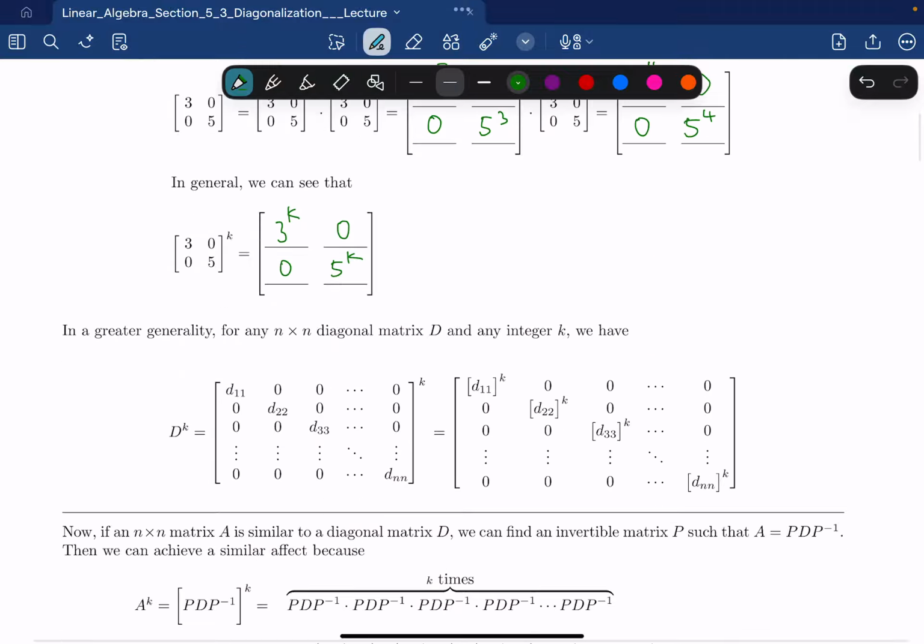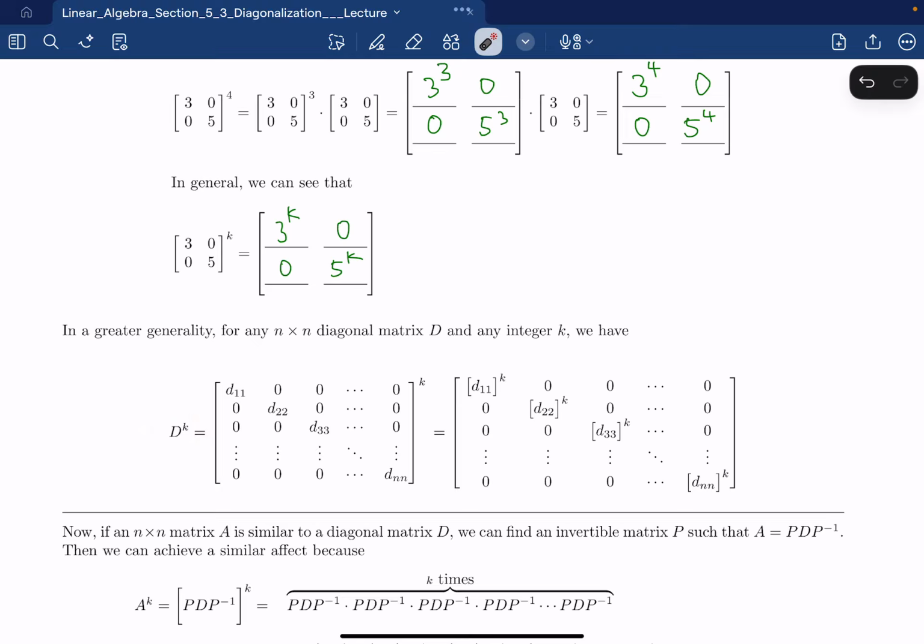In greater generality, for any n by n diagonal matrix, of any size, raising the entire diagonal matrix to the kth power is the same as raising each diagonal entry to the kth power. It's a very easy way to calculate the power of a diagonal matrix.